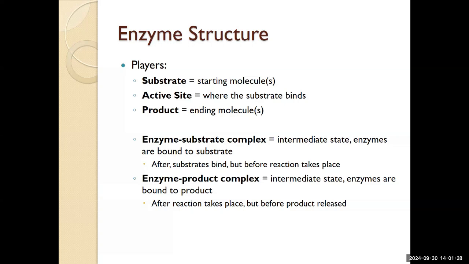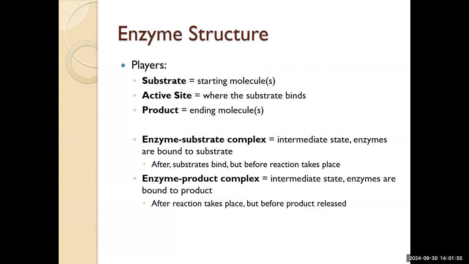Here we see that term can sometimes also be used to describe the starting molecule or reactant. And what we see is that the enzyme can bind to the substrate, forming what's known as an enzyme-substrate complex. It's an intermediate state where both enzyme and substrate exist simultaneously bound together.